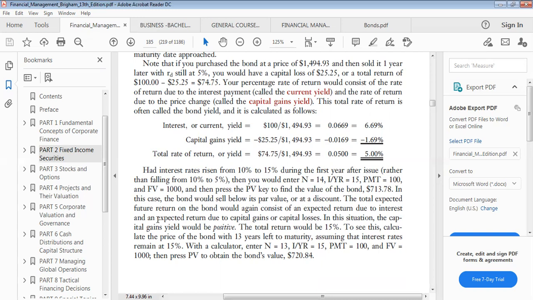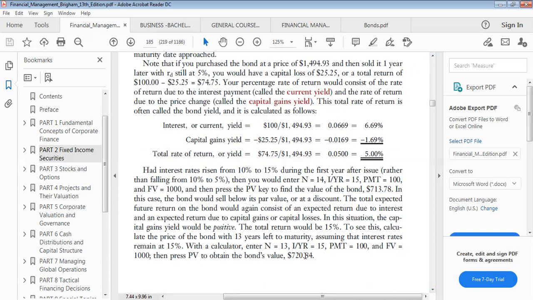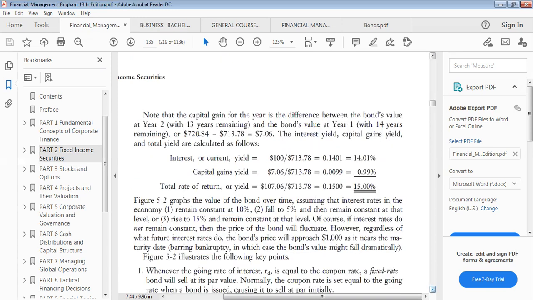To see this, calculate the price of the bond with 13 years left to maturity, assuming that interest rates remain at 15%. Then you get a figure of $720.84, because the price would increase until it reaches maturity. Now subtract 713.78 from 720.84, and you get $7.06, which is the capital gain.